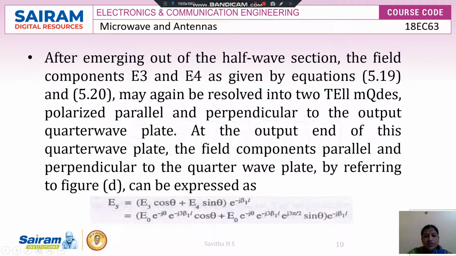So after emerging out from the half-wave section, the field components of E3 and E4 as given by the equations may again be resolved into two TE11 modes, polarized parallel and perpendicular to the output quarter wave plate.